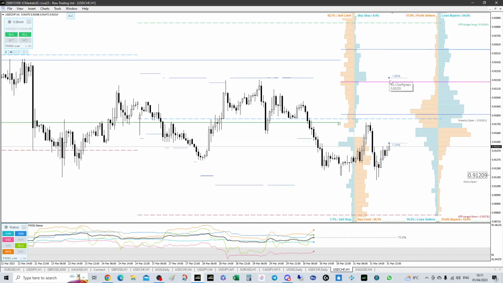If you've got a 5 pip stop, a very good R is quite likely. So what we'd want to do is wait for the price to gravitate towards liquidity, stop these guys out, and then we're looking for a new candle below the monthly pivot, and then we're looking to sell.